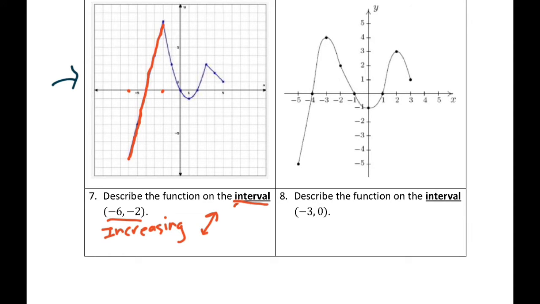The big thing is that it's an interval, it's not a point. So if we tried to find the point -6, -2, that point is not on my graph, but it says interval. So we're looking from where x is -6 to where x is -2.